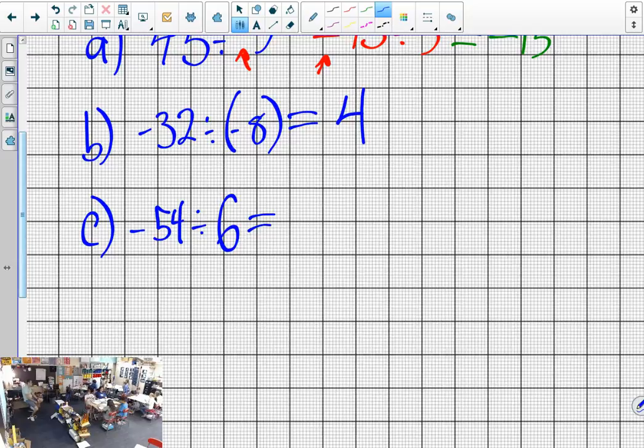Well, I start with the -54, and so I know there are 54 negatives. If I see 54, and I need 6 groups, then I split them up equally until I have 6 groups that have the exact same amount, and then the answer would be 9, because you have 9 in each.